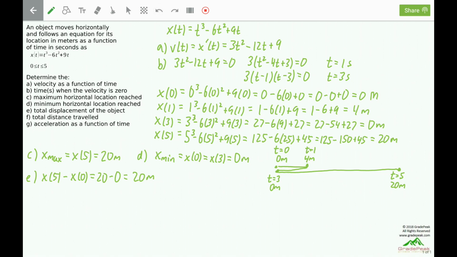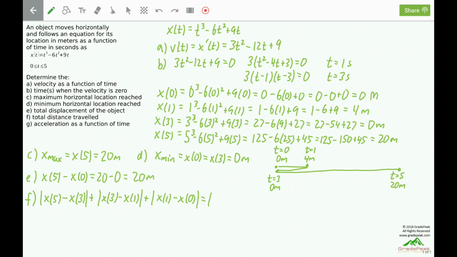And it's found by taking the absolute value to ensure they're all positive of the final x of 5 minus the turnaround time right before it, which was at the 3, plus the 3 minus the turnaround time before it, which was at the 1, plus that turnaround time minus the initial. We had 2 turnaround times in this problem at t equals 1 and t equals 3.